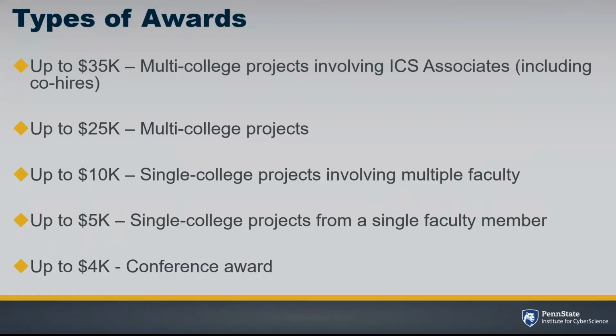Up to $10,000 for projects coming from one single college, but having multiple faculty. Up to $5,000 for single college projects from a single faculty, and then up to $4,000 to support a conference here at Penn State.